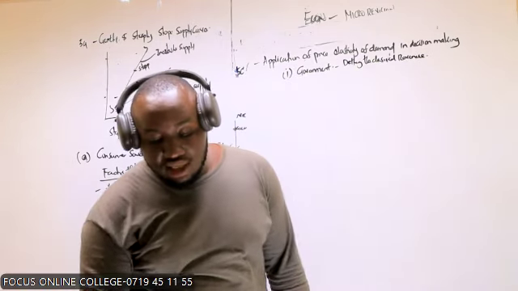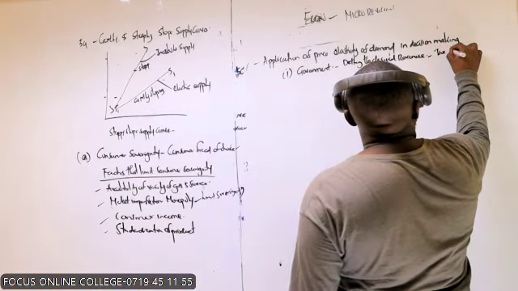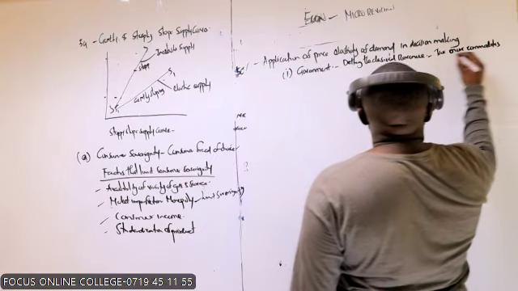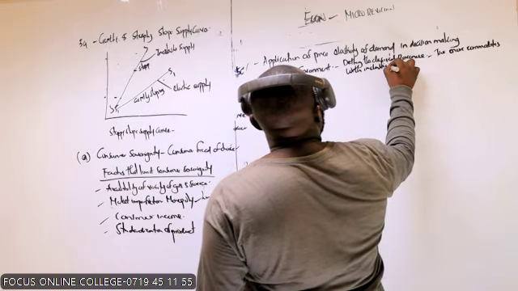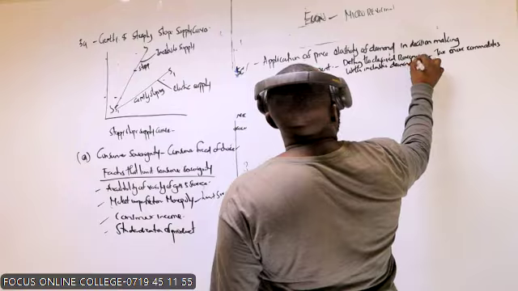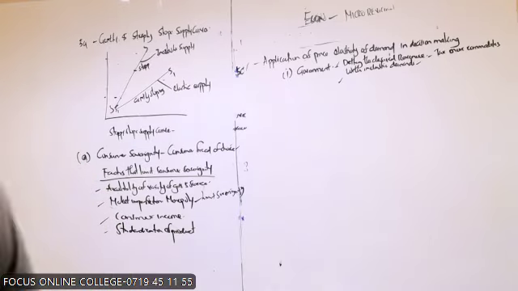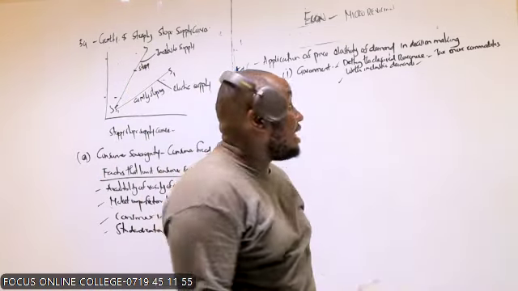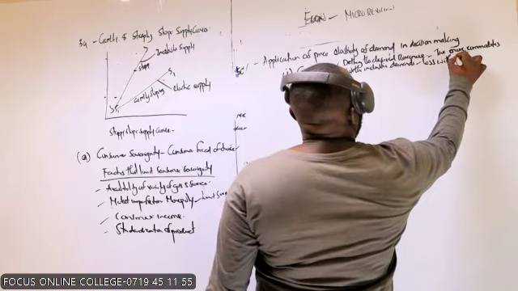So the government will tax more commodities with inelastic demand, and tax less commodities with elastic demand.